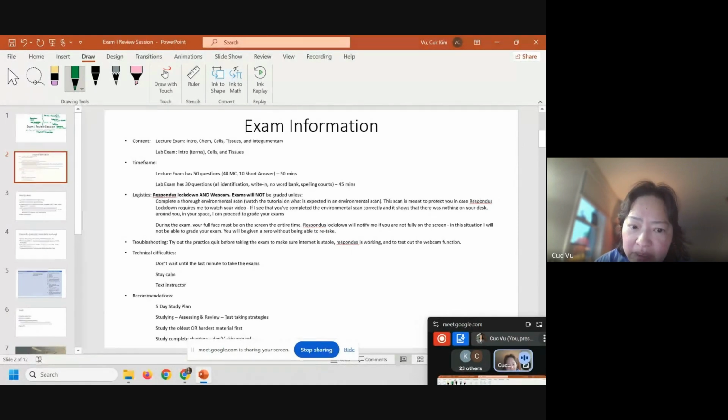Logistics: Respondus LockDown, webcam. The exams will not be graded unless you have the environmental scan. Troubleshooting: if something does happen, and it might, don't panic. Rather than emailing me, I would suggest texting me. Text me right away, and then I'll see if I can work with IT to help you, or if there's anything I can help you troubleshoot.